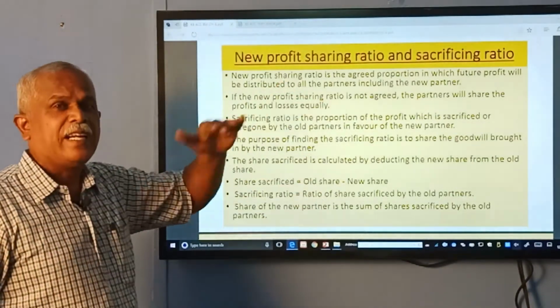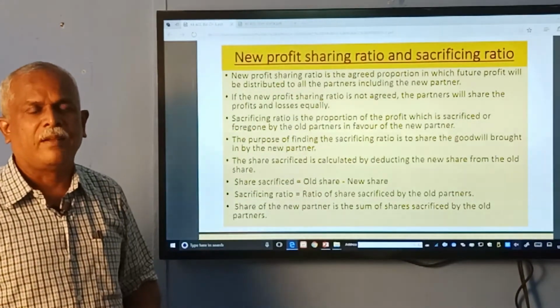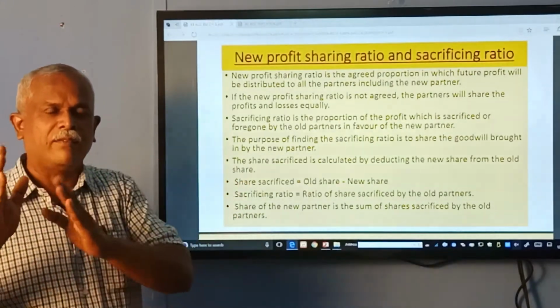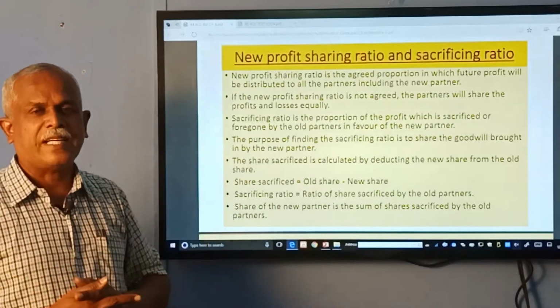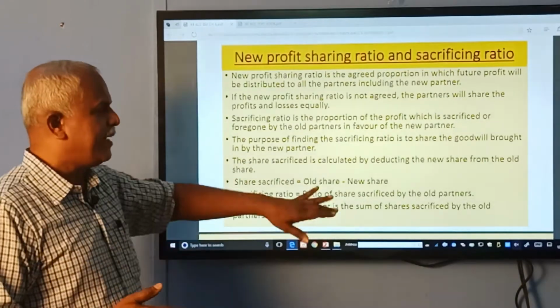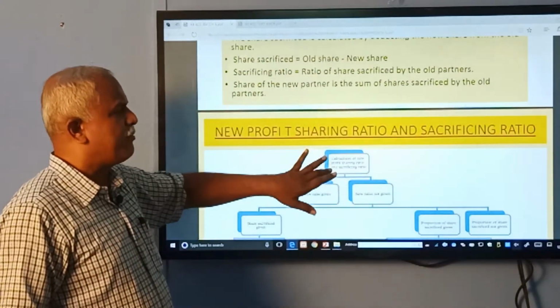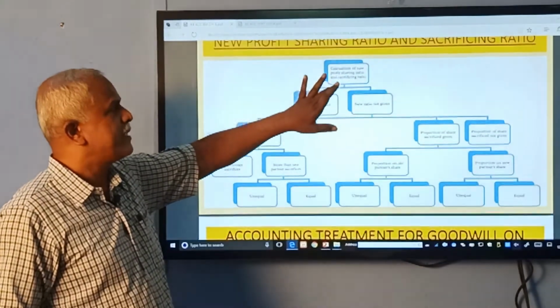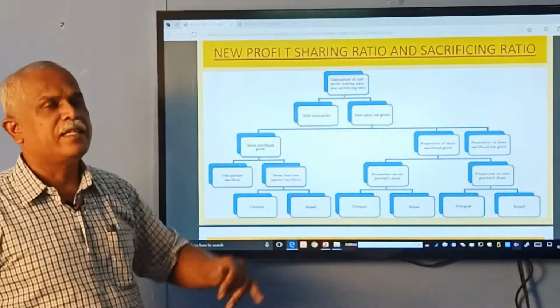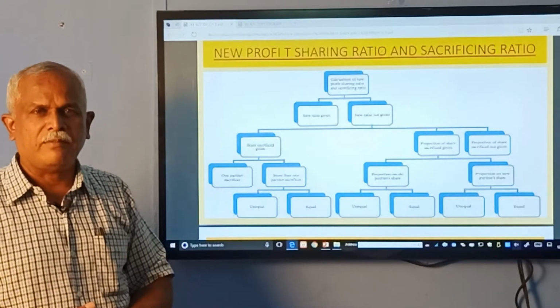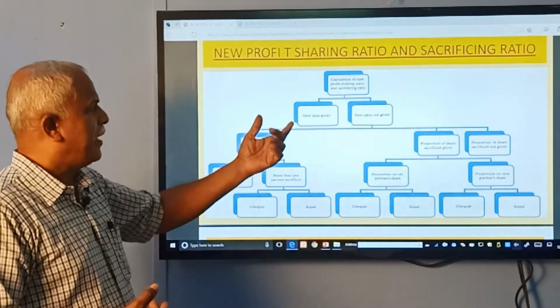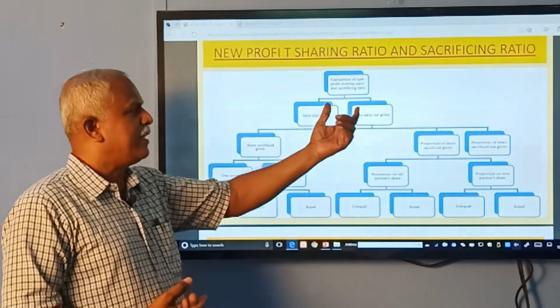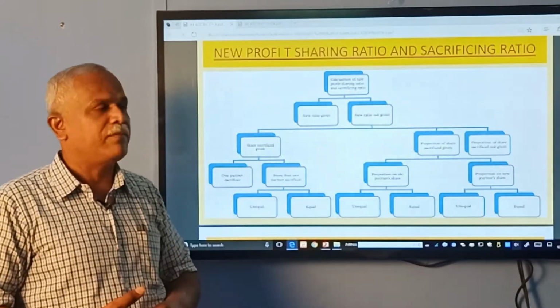So, it is calculated under different methods: when the new share is given, when the new share is not given, how the partners sacrifice. There are so many conditions and it is given in chart form in your book. It is given how the new profit sharing ratio and sacrificing ratio are calculated when the new ratio is given and when it is not given.